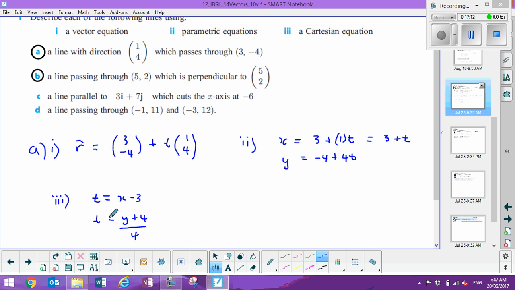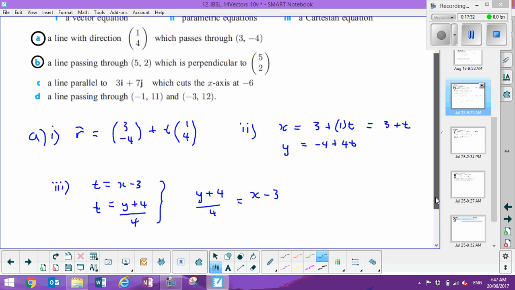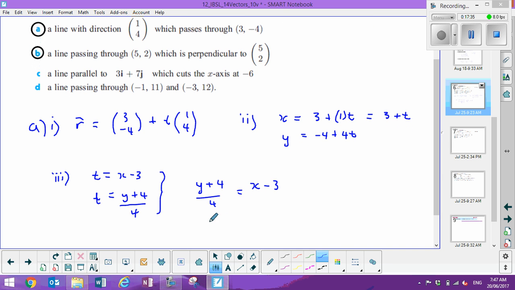We can now equate these 2 t's, so we can see that y plus 4 over 4 equals x minus 3. Multiply both sides by 4, we get y plus 4 equals 4x minus 12. Y is equal to 4x minus 16.